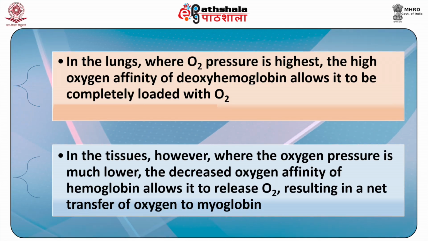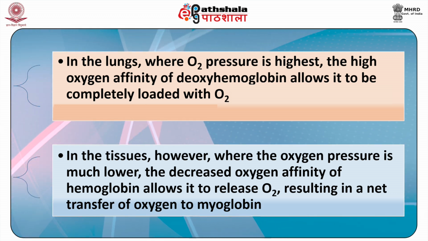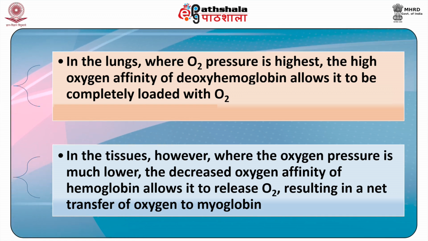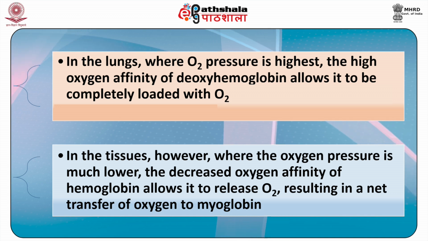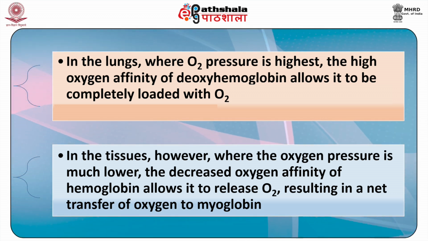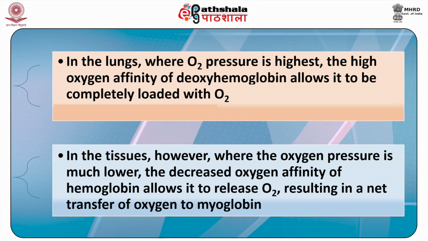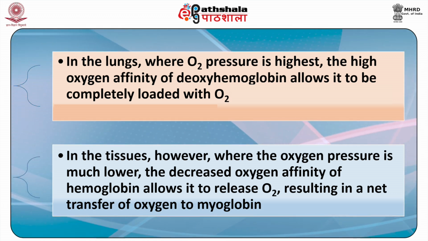In the lungs, where partial pressure of oxygen is highest, the high oxygen affinity of deoxyhemoglobin allows it to be completely loaded with dioxygen. In the tissues, however, where the partial pressure of oxygen is much lower, the decreased oxygen affinity of hemoglobin allows it to release oxygen, resulting in a net transfer of oxygen to myoglobin.